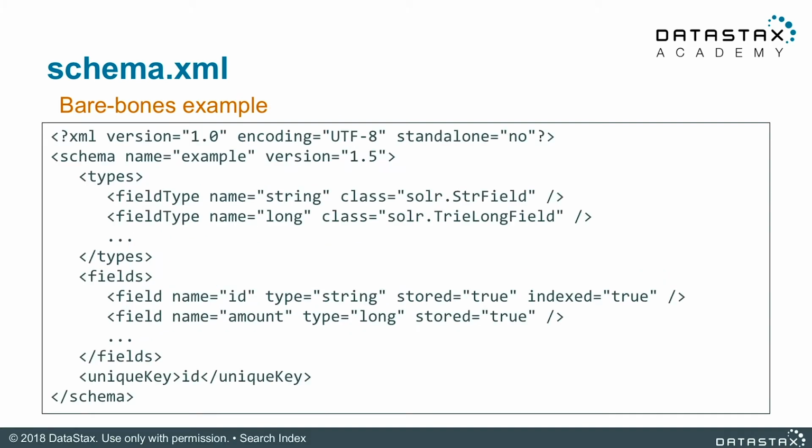Here we have a fragment of a schema.xml file. Two field types are followed by two fields, purely a coincidence, as a field type might be referenced by a larger number of fields. A minimum field type definition has a name and a class. A name is an identifier of your choosing. Here we see string and long.